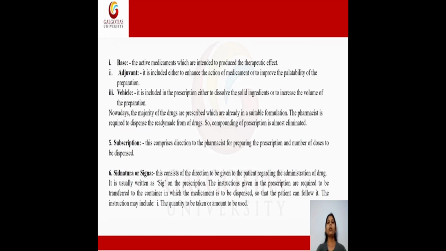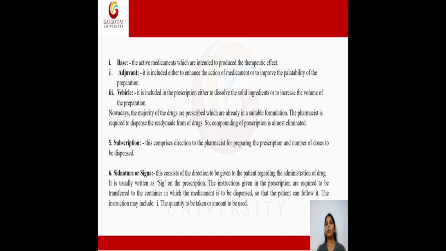Nowadays, the majority of the drugs prescribed are already in a suitable formulation.